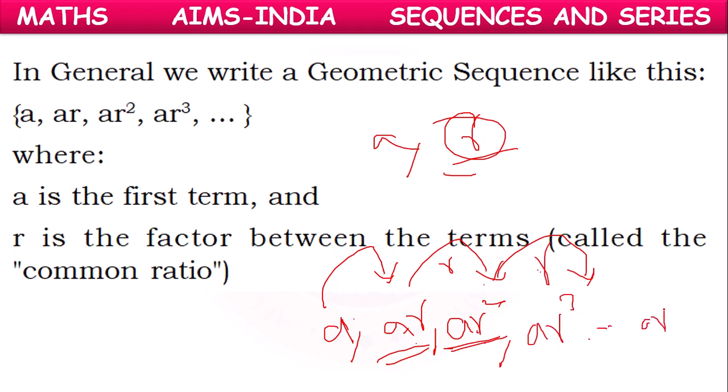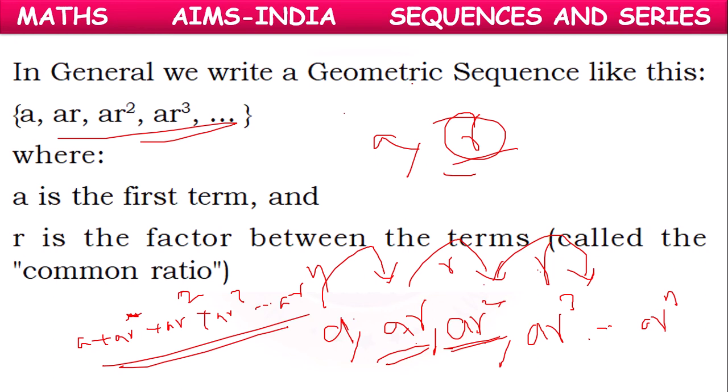Like that up to AR to the power of n. So this will be the general form of a geometric sequence, and the sum A plus AR plus AR square plus AR cube and so on up to AR to the power of n, this summation will be an example of geometric series.